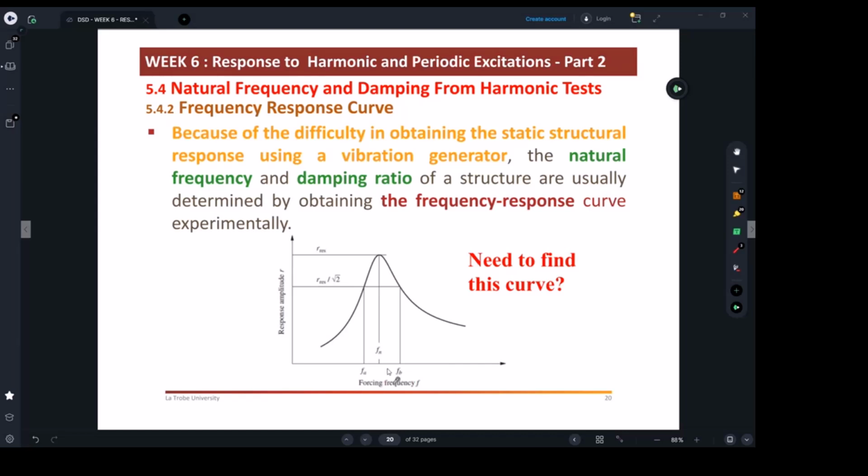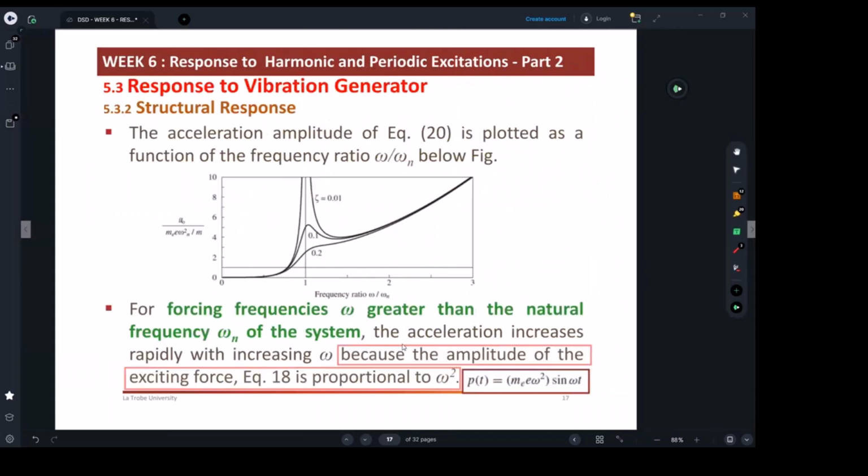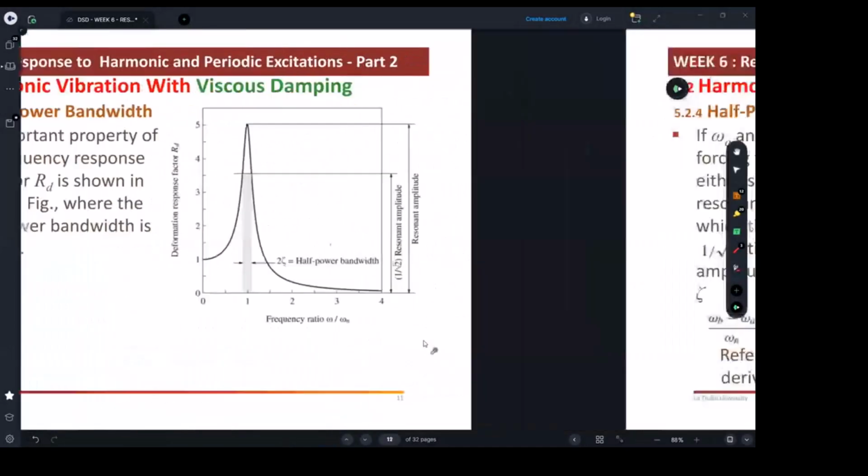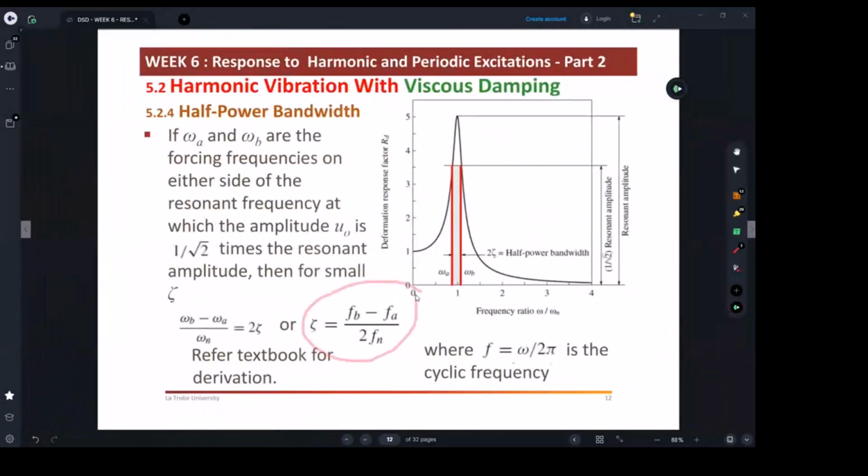We just showed you a relationship between these parameters and the damping ratio, which was here, just before talking about this one. So we're going to use the vibration generator. We attach it to a building, maybe do 20 tests, and you're going to be measuring the response of the structure.